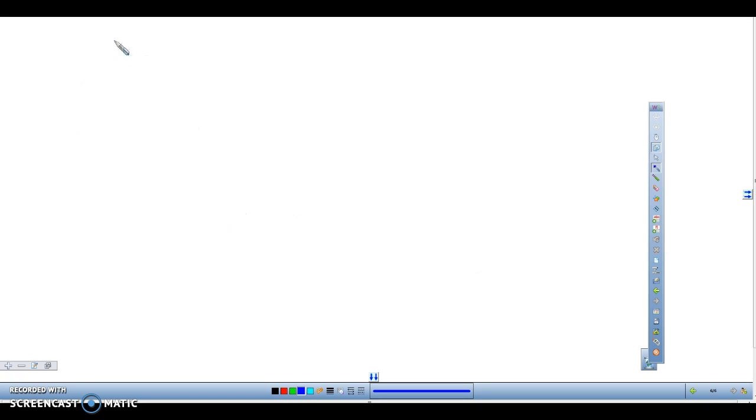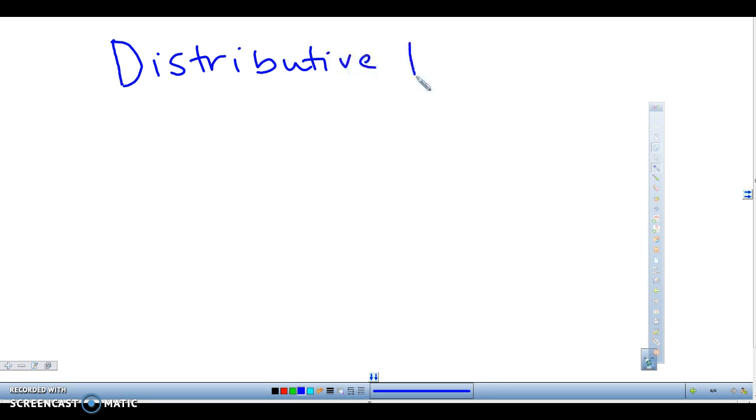Last property, I promise, and you'll remember this one from years past and how important it is all the time, and that's the distributive. Probably one of my favorites. Just to show you how important it is, 3 exclamation marks.